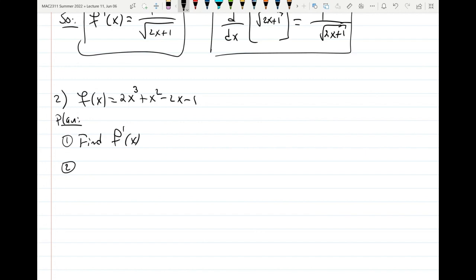If you plug in 0, you are finding the derivative at 0. Find whatever makes the derivative equal to 0, right? In other words, solve this equation. Do you understand this? This is the plan. That's how you answer this type of question. You find the derivative and then solve this equation. That's how you find horizontal tangent lines.